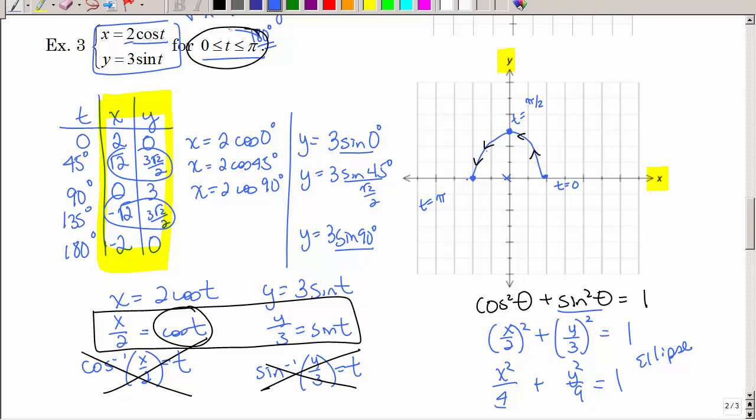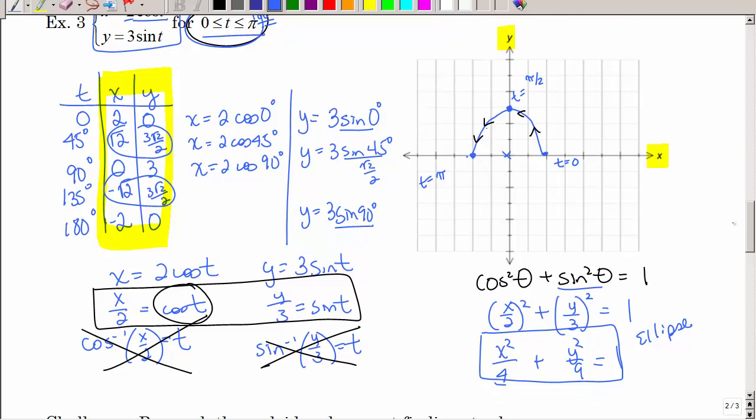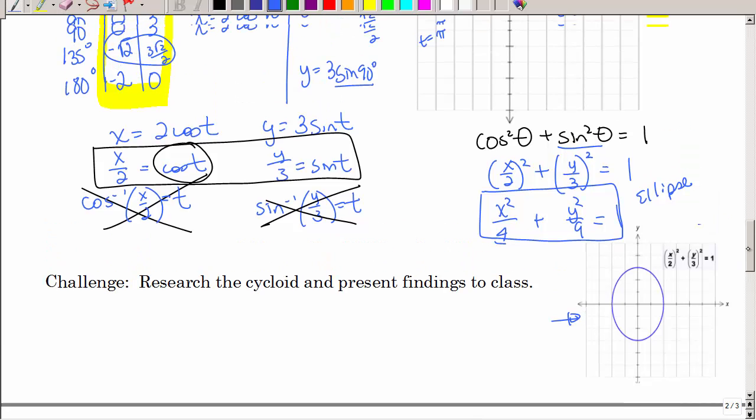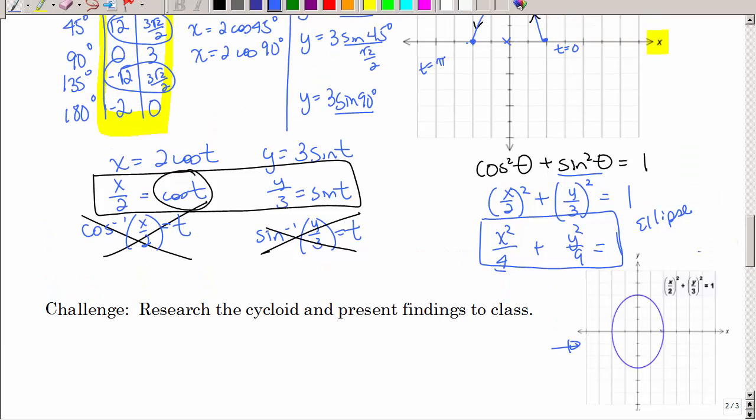So because of the parameter, I only get half the ellipse rotating in a counterclockwise direction. And that's the equation that eliminates the parameter. And if you wanted to see the whole ellipse, what would it look like? If you were to graph the whole ellipse, that's what you would get. But remember, the parametric equations only gave us that top half.